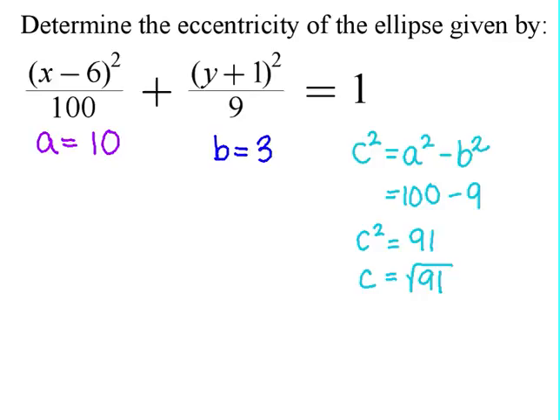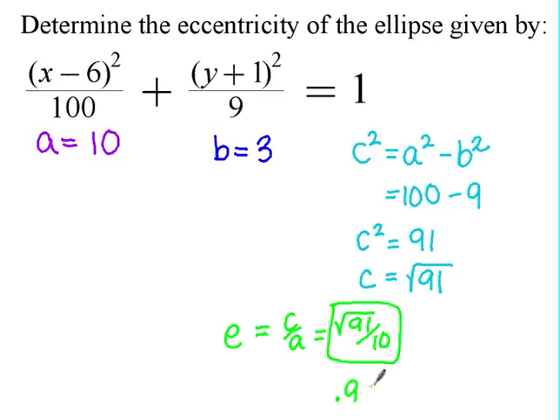Now to find the eccentricity, I'm just going to take C over A, which in this case is root 91 over 10. If you wanted to answer that as a decimal, you could. When you take the square root of 91, you get about 9.54, and when you divide it by 10, you should get 0.954. Questions? Can you leave it in the other? Doesn't matter. Any questions?